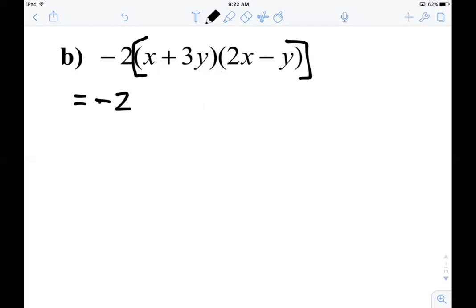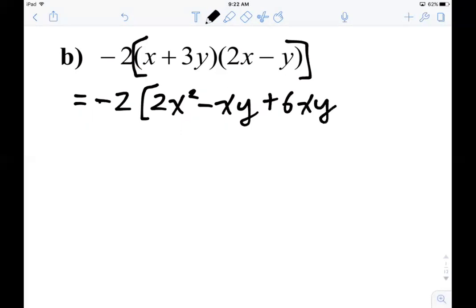With the stuff that was in those square brackets I created, let's show what we would actually get. Well, x times 2x is 2x squared. I would get minus xy from the next multiplication. Then I would get positive 6xy. And I would get minus 3y squared to finish it off.